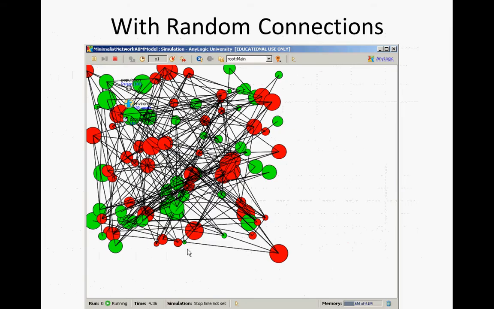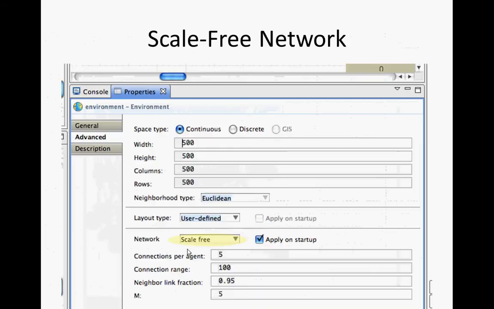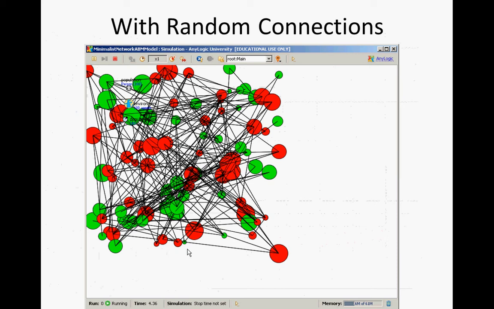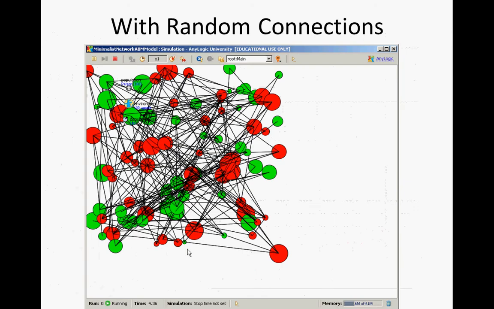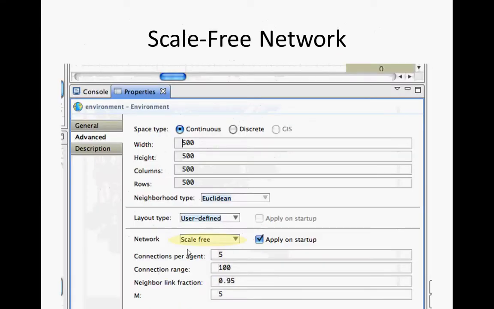So if we have random connections, we'll have people connected all the way across the network promiscuously, without regard for their locality. People are connected up in a jumbled way, associated with just random pairing, as it were.